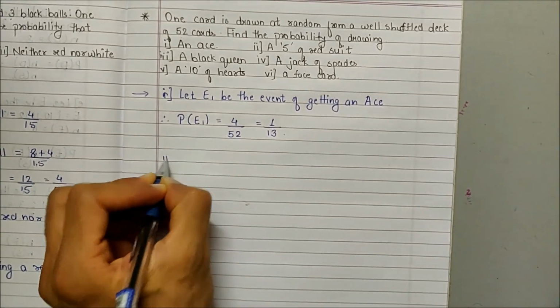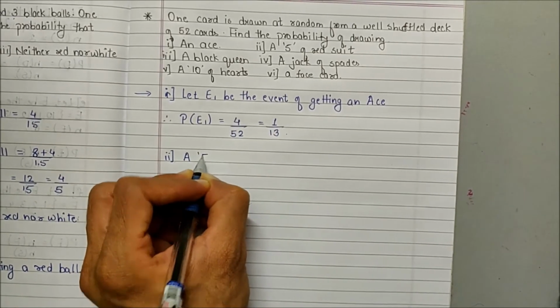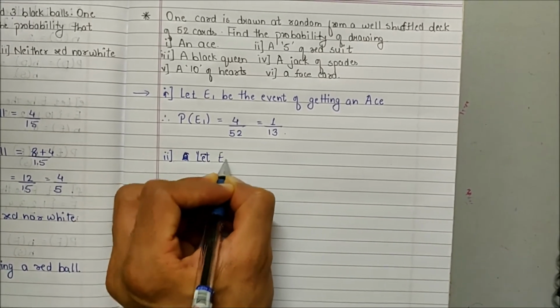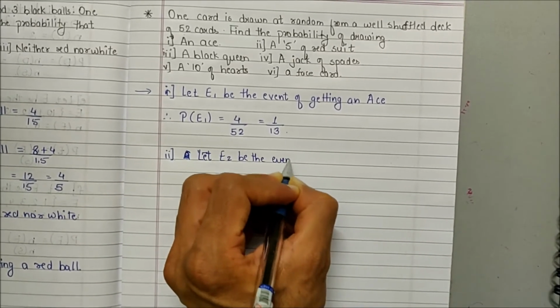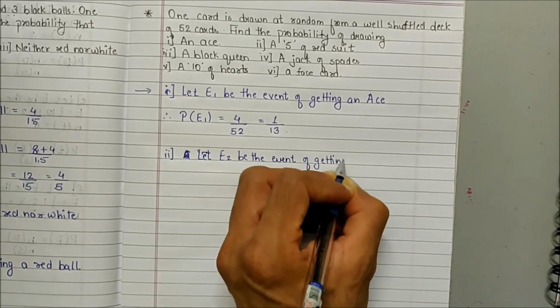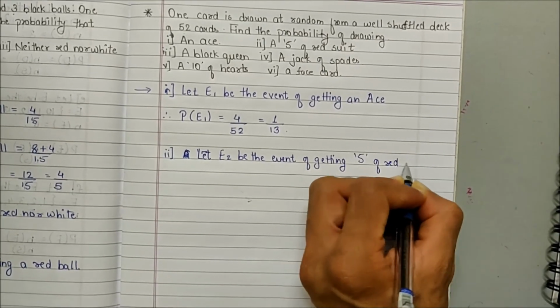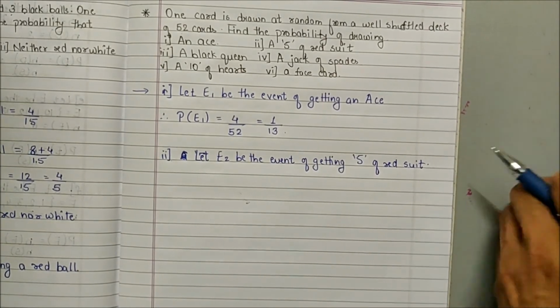Now let us see the second question. Let us consider an event. Let E2 be the event of getting a 5 of red suit. We want a 5 of red suit.